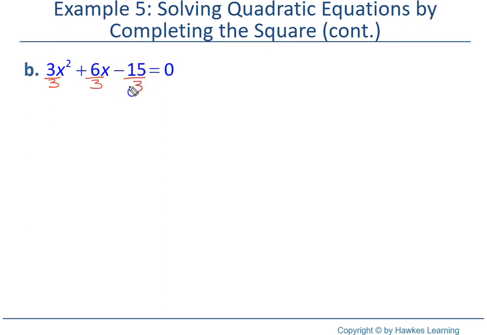And I can do it this way or sideways. So this now is x squared plus 2x minus 5 equals 0. And I check my work, and that looks good.